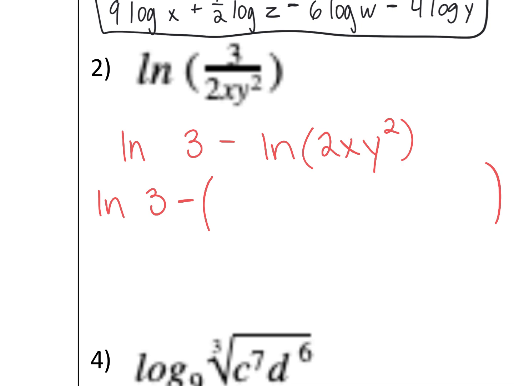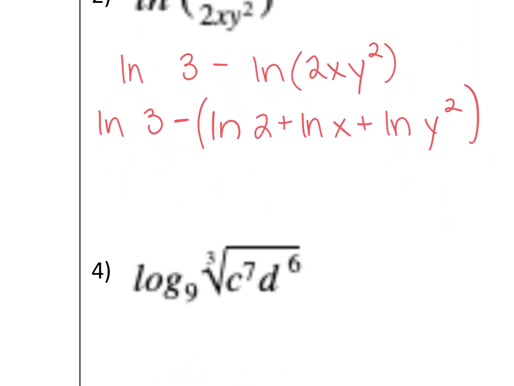You with me? Okay, so on the inside then I'd have natural log of 2 plus natural log of x plus natural log of y squared. Are we all good with that step? So just breaking apart that multiplication into addition, but we need parentheses around it because it's the whole second piece getting subtracted.